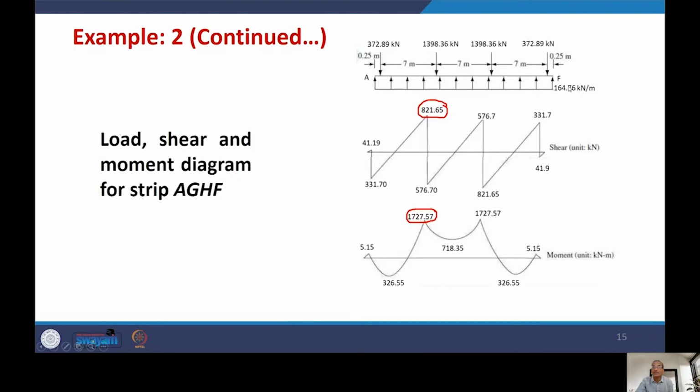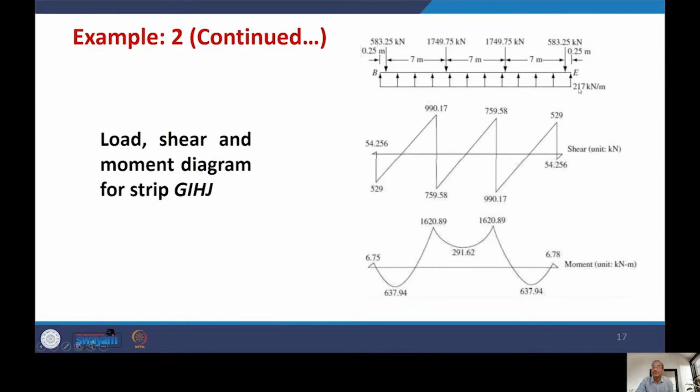217 kN is acting here, and this is 500 multiplied by this factor. This is 1500 multiplied by that factor. All these are there, and then you have again the shear force diagram. So the maximum value of shear force in this case is here.